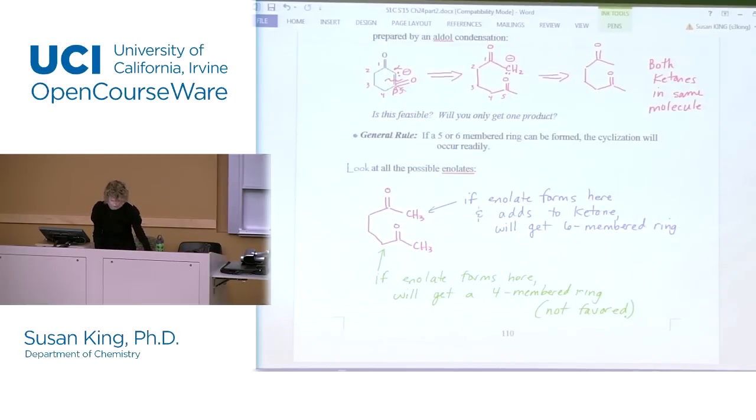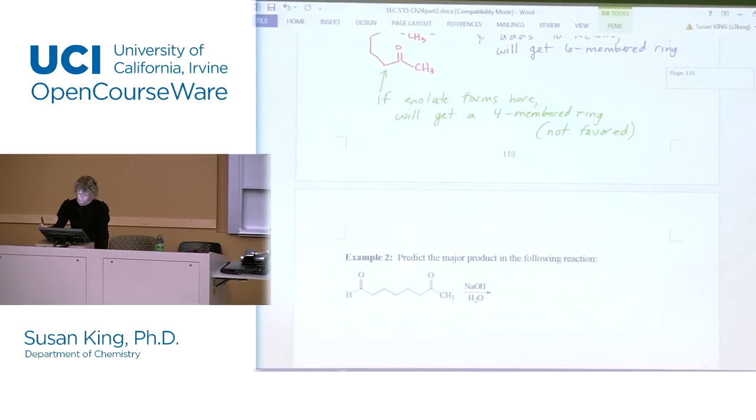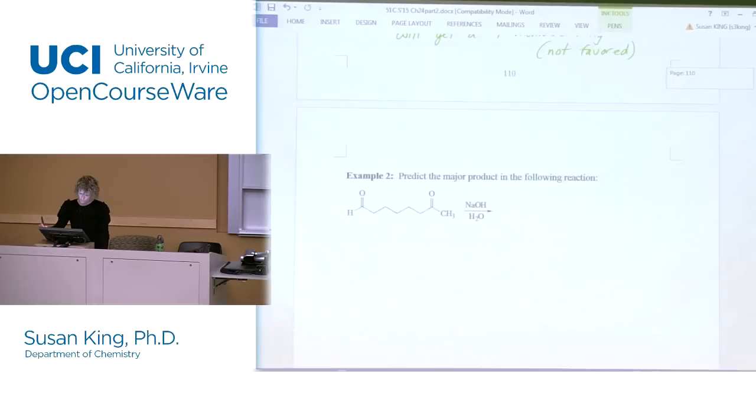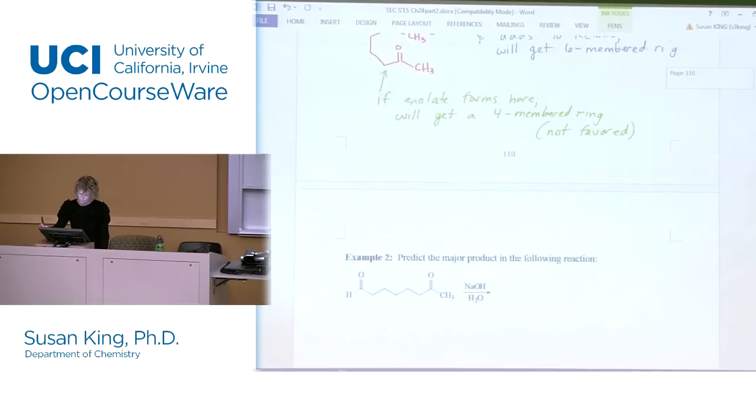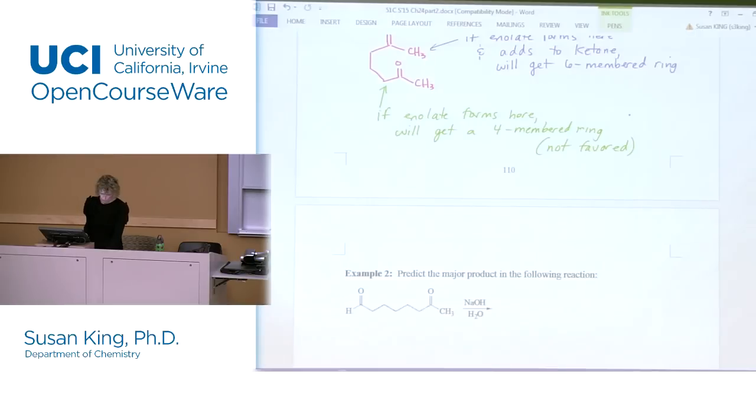Okay, let's look at another example here where we're asked to predict the major product. That's on the next page. All right, so we've got 3 possible enolates.